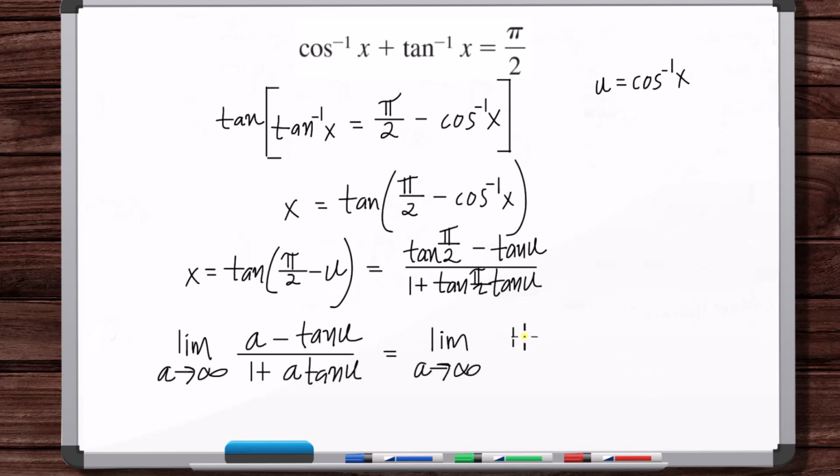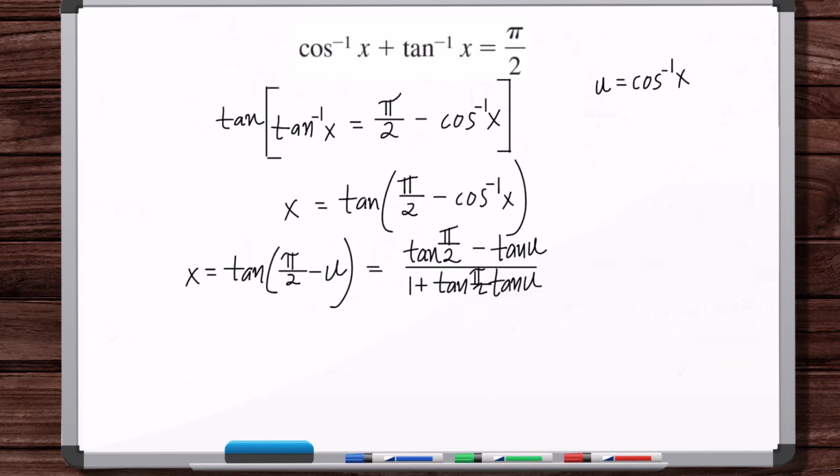So we get 1 minus tangent of u over a, and then 1 over a plus tangent of u. Now, tangent of u is going to be an actual, finite number. So as a goes to infinity, these terms go to 0, and you're left with 1 over tangent of u, which is cotangent of u.